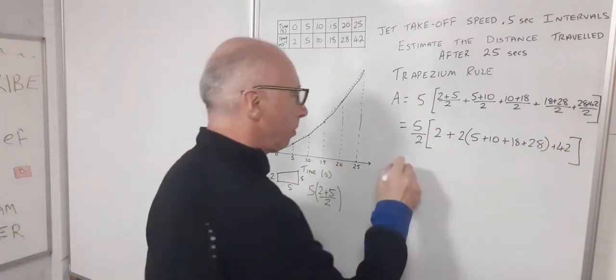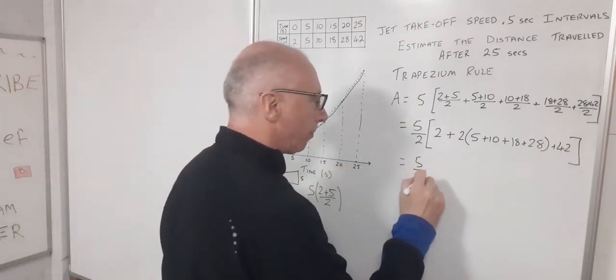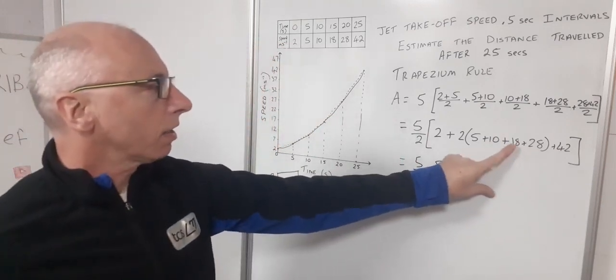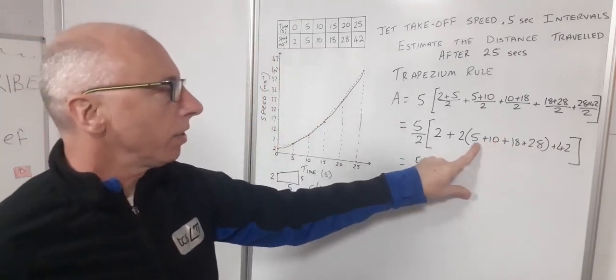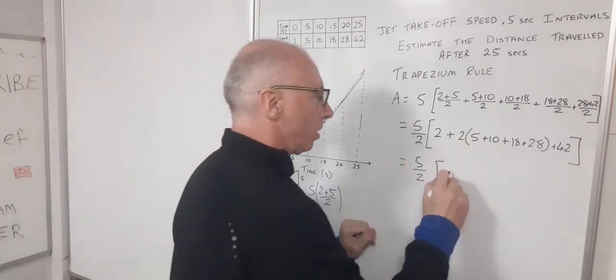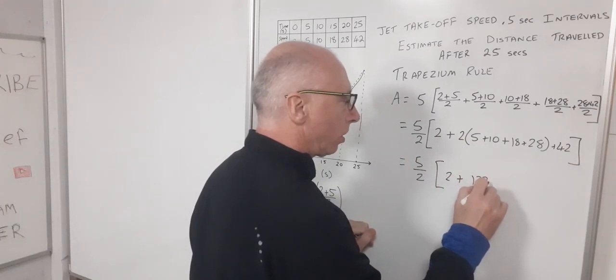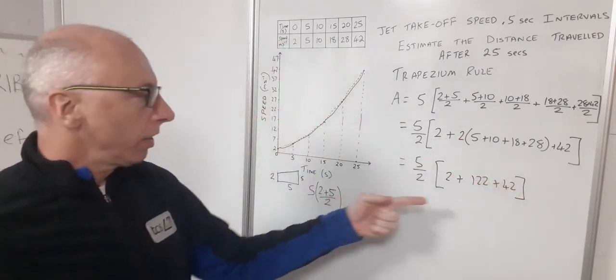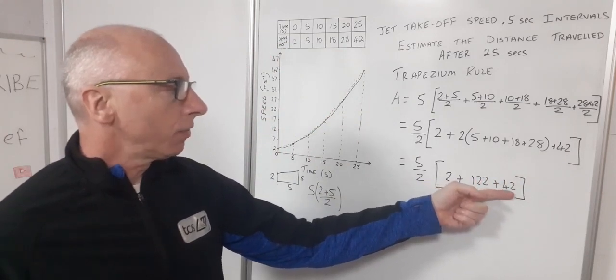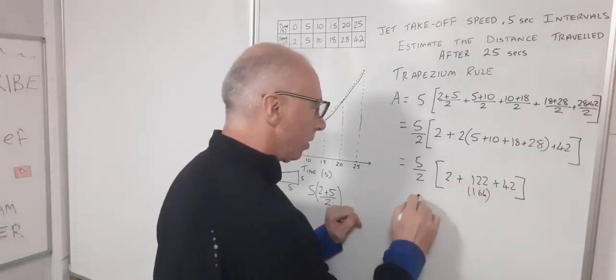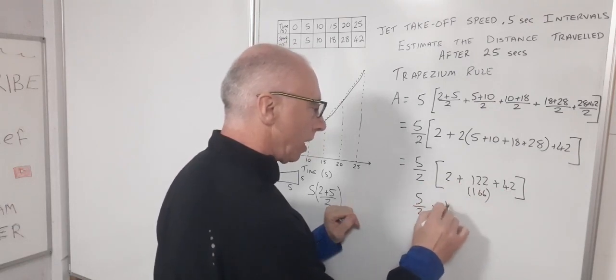Okay, so now it's just some numbers in there. Let's see if we can calculate what we've got. So I've got 5 over 2. So 28 plus 18 is 46, 56, 61. Times 2 is 122. So I've got 2 plus 122 plus 42. And this will make 122, 164, 166. So that makes 166. So I've got 5 over 2 times 166.